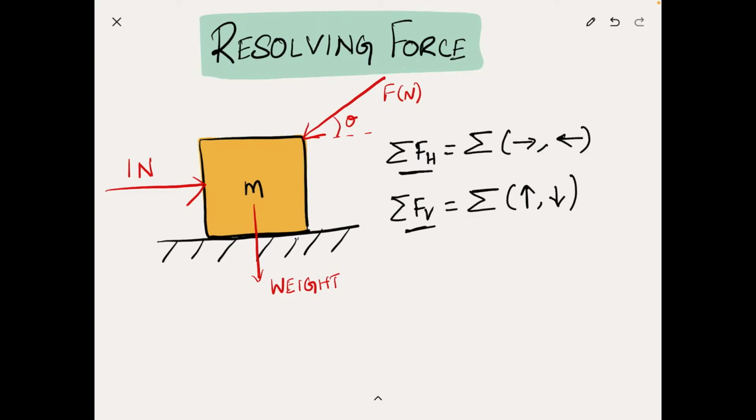Now where do we include this force F in our calculation of overall net force? Should that be included in the overall horizontal net force, or in the calculation of the overall vertical net force? In order to clarify this, we have to understand how this inclined force can be mathematically represented as horizontal and vertical forces, and this is what we're going to see in the next section.